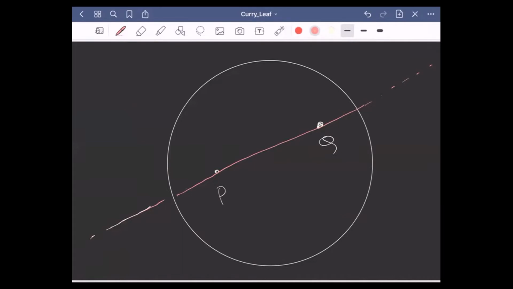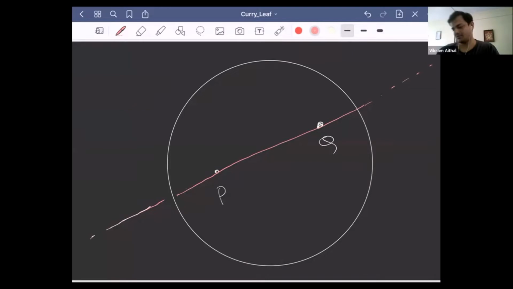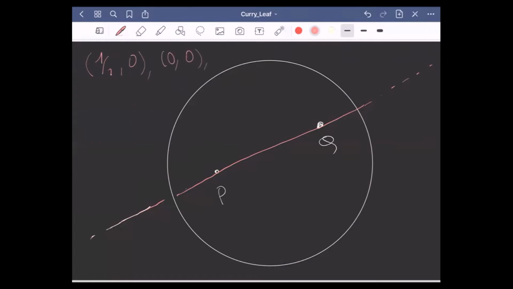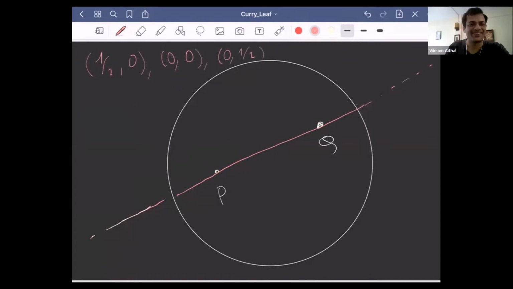We can take in R2 like half comma 0, and 0 comma 0, and 0 comma half. Very good. So we can take half comma 0, 0 comma 0 and 0 comma half.